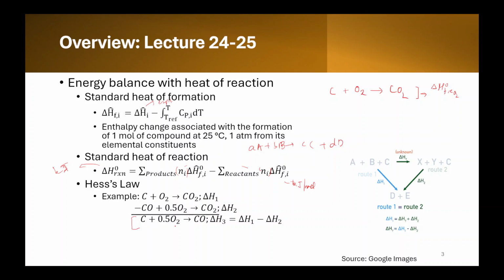So basically you get C plus 0.5 O2 giving CO. In addition to that, whatever their heats of reaction are for these reactions will also get subtracted. So if you are getting the subtraction of reaction 1 and reaction 2 to get the desired resultant reaction, the resultant heat of reaction will also be the subtraction of delta H1 and delta H2.